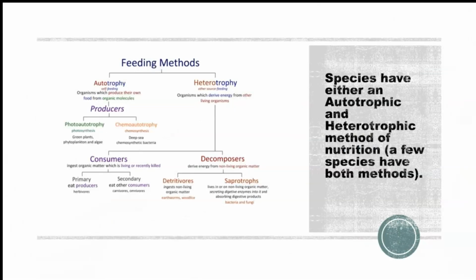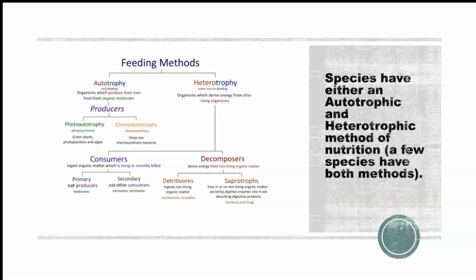Alrighty, so we've got these two different feeding types, autotrophs and heterotrophs. Then underneath that, we do have different pathways. So our autotrophs are always our producers. Now they can be photoautotrophs. Now we've not gone into this step, but this is just some awareness for you.